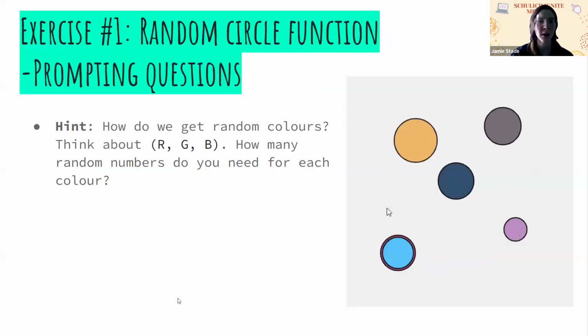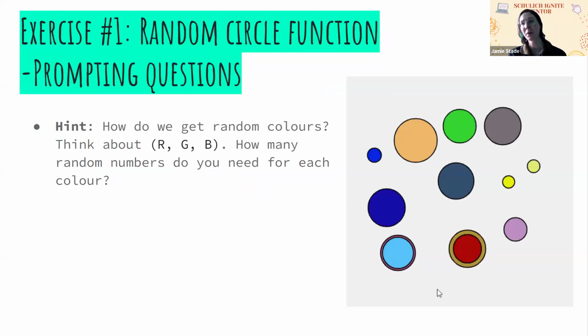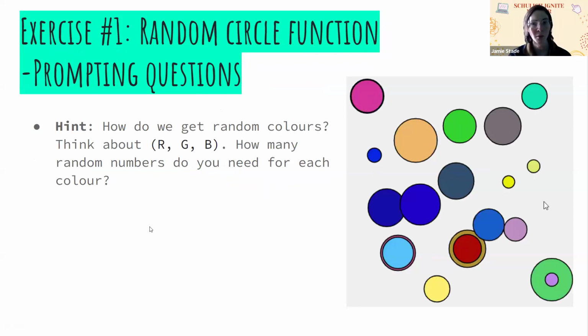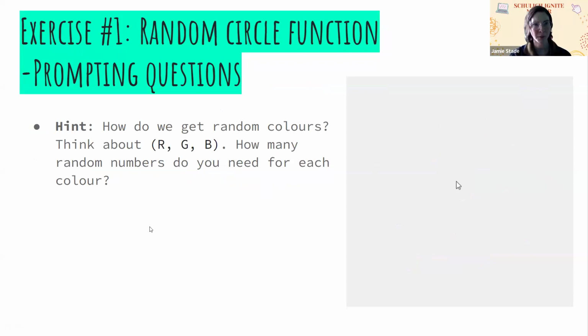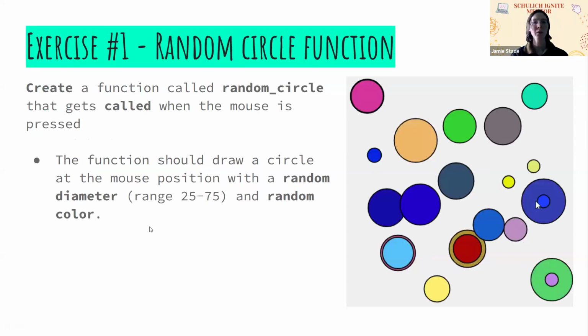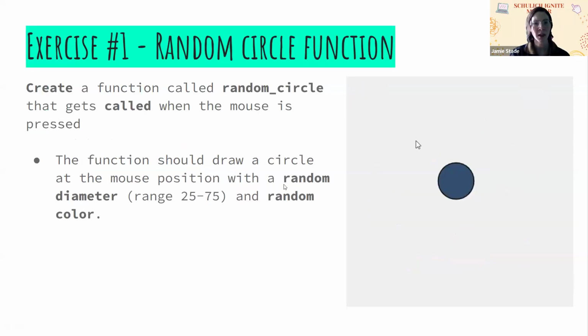One thing would be how we can get random colors. Think about RGB. We want to get random values for each of those to create a random color. Think about how many random numbers you need. Additionally, we want to have random size as well.